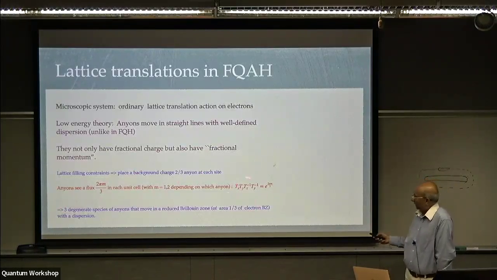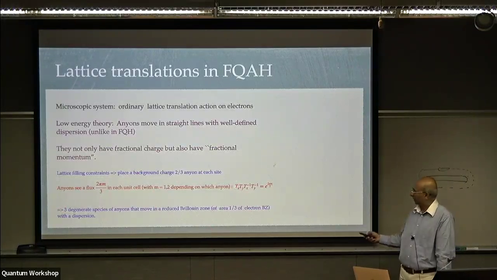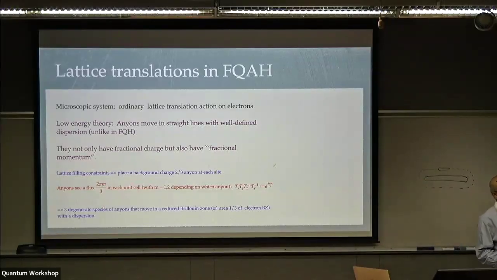So translations acting on the anyons will not commute, and rather there will be a phase. There should be an i here. There should be a phase that depends on which anyon one is talking about, right? But this phase is such that if you think about it in terms of a flux, it's a rational flux to each plaquette, right? 2π/3 flux to each plaquette.